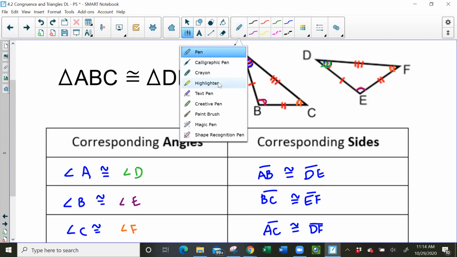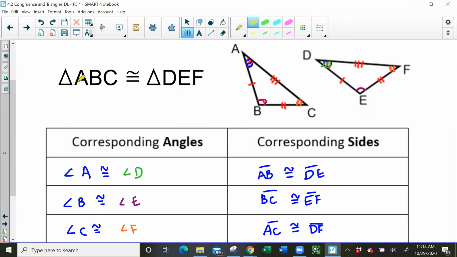So I'm going to highlight. Notice if they give me this as being true, they're saying these two triangles are congruent, and they give it to me in the correct order. Notice angle A is congruent to angle D. They match up because they both are listed first. Angle B and angle E are both congruent to each other because they're both in the middle or second in my congruence statement.